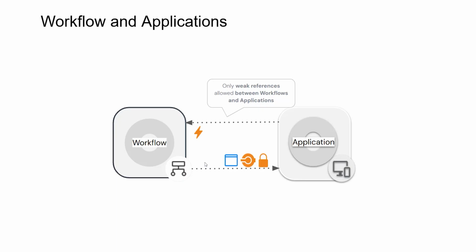First one is consuming events that are raised from an application. And secondly, whenever the workflow needs to talk to an application or consume or do something, it will either be consuming a service action, consuming a role, or consuming a screen that you define in your application as a public element.